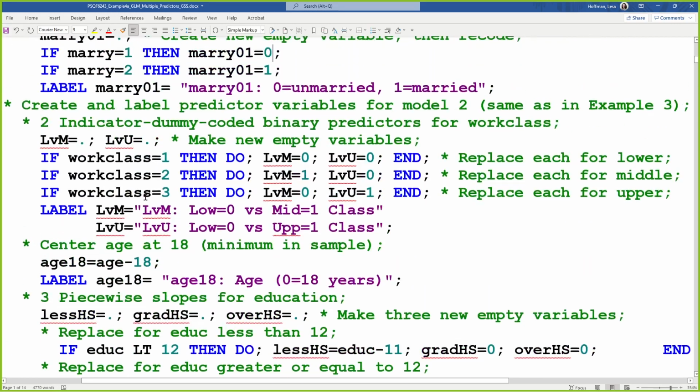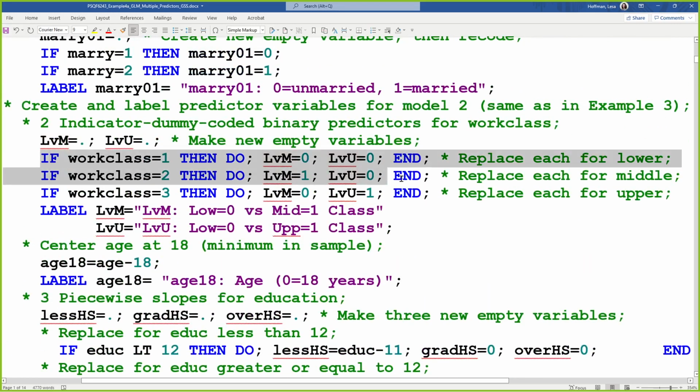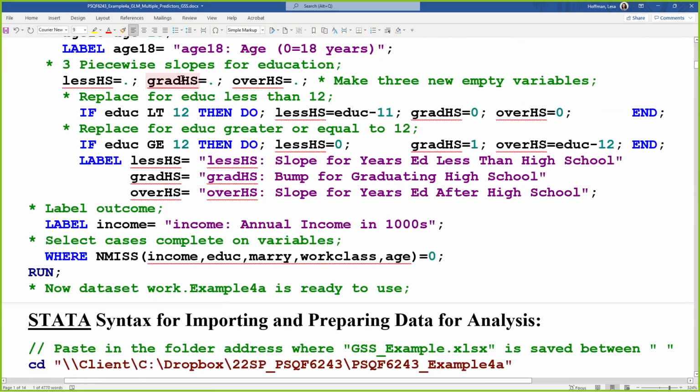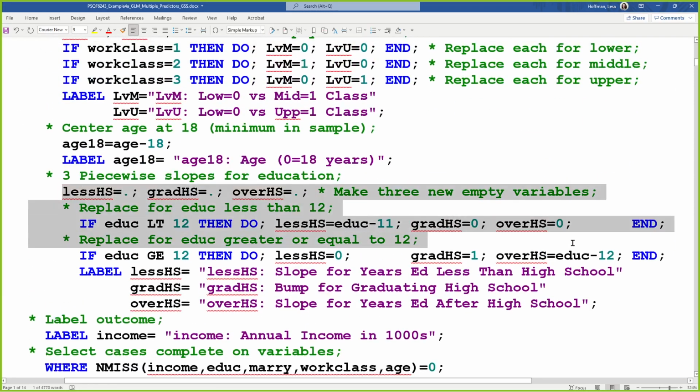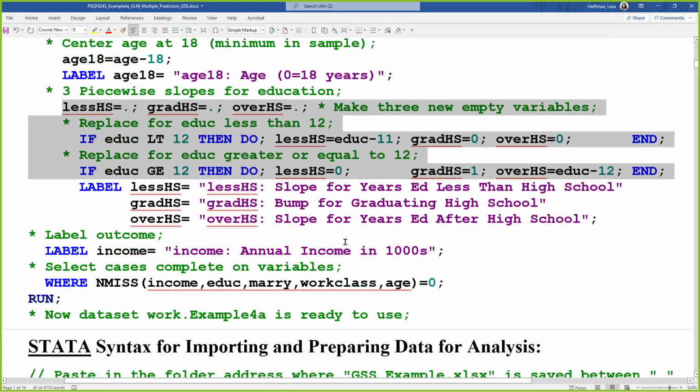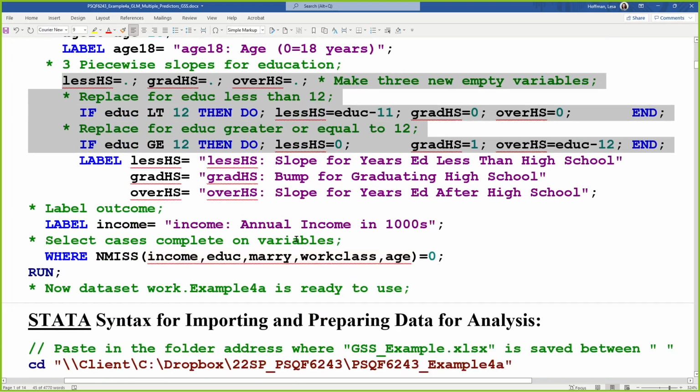Here's how we do, this is a system called indicator dummy coding, where one of the groups is designated as the reference by making new predictors all equal to 0, and then each other group gets its own predictor to differentiate that group from the reference. You did that in homework 3 as well. Here is an age variable centered at 18, and then here is the piecewise coding, which you'll get a chance to practice a version of in your next homework. So we'll talk more about this one next time, because that's in the more complex model.